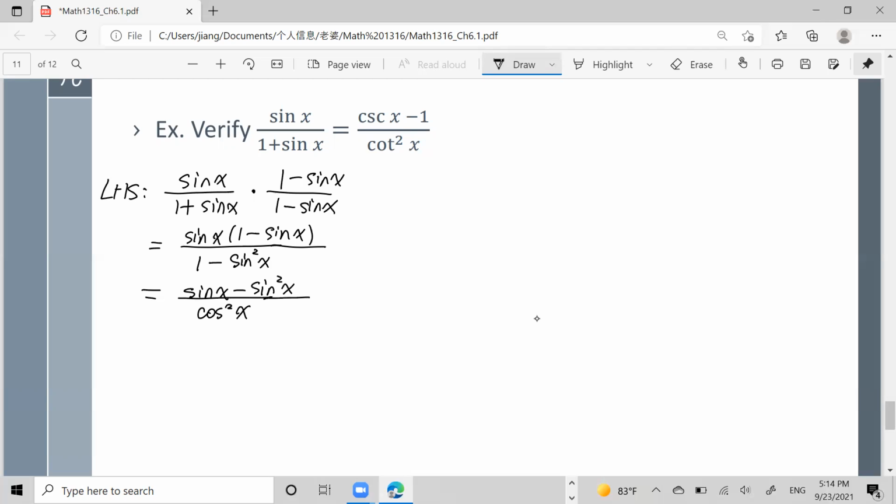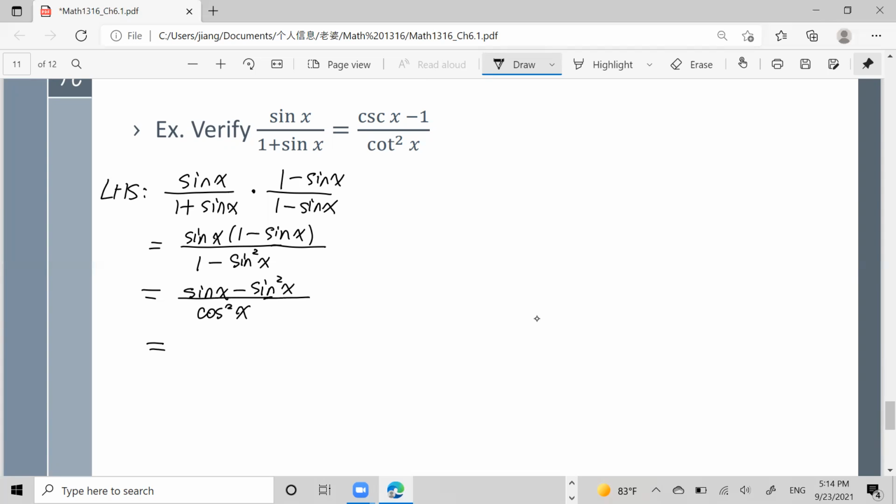I can continue to simplify this, but I'd like to stop, or I can continue to split it into two parts, because this does not simplify the expression. This is proving left-hand side equals right-hand side.